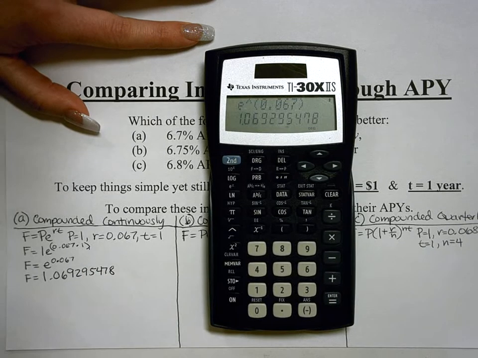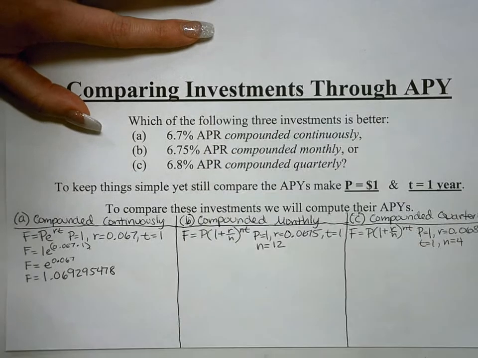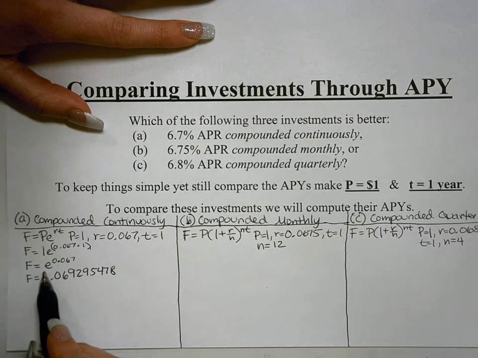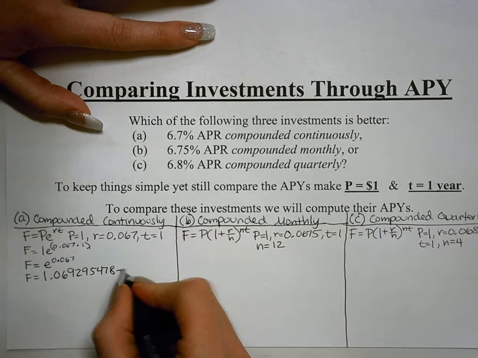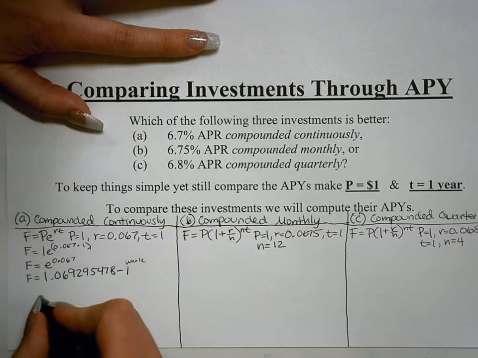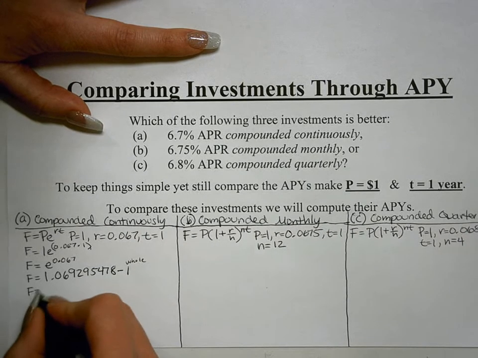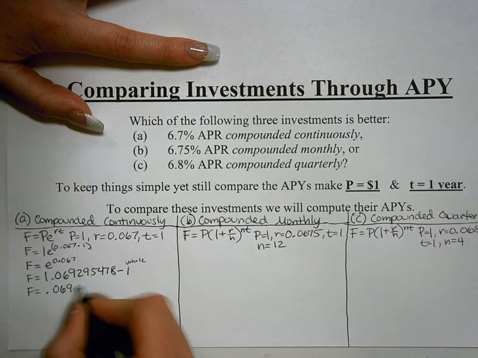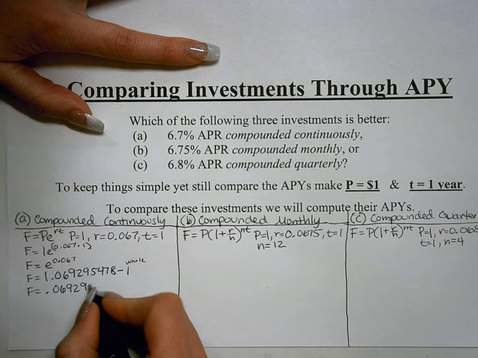And we get 1.069295478. Now this is very similar to the percent increases. This is the whole, it's increased by this amount. This is our APY. So what we need to do is take away that 1, that whole. And what we're left with is our APY in the form of a decimal.